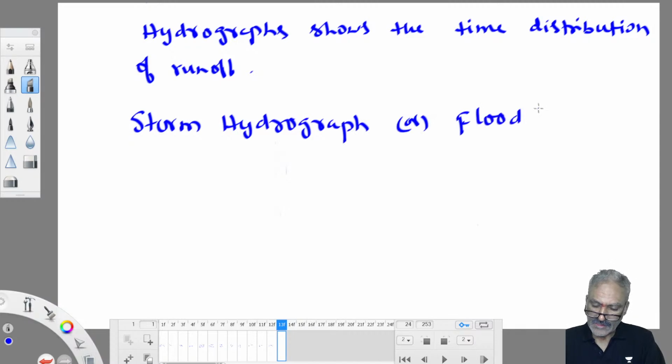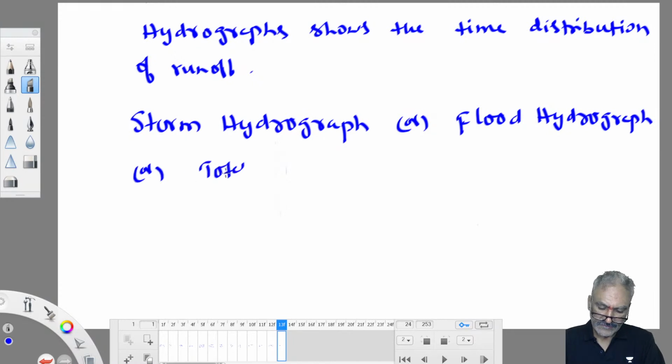We also call it a flood hydrograph. Flood occurs where? In a river only. So when you measure flood discharge, it becomes a flood hydrograph. A storm occurs in a catchment, so for that storm we are measuring the response. Therefore it is also called a storm hydrograph. And people also call it a total runoff hydrograph. In the US, people call it a total runoff hydrograph.